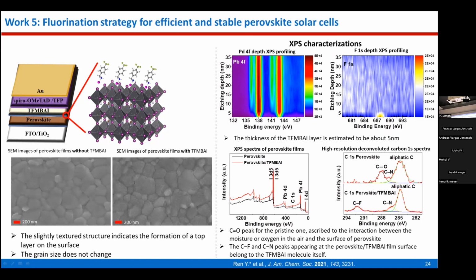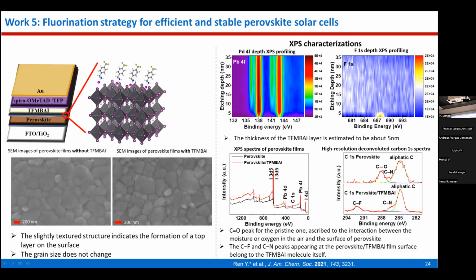elemental distribution and the chemical environment of the perovskite solar cell. The experiments revealed that the top layer is estimated to be 5 nanometers. Also, for the pristine perovskite without the TFMBI passivator, there is a clear carbon-oxygen double bond.